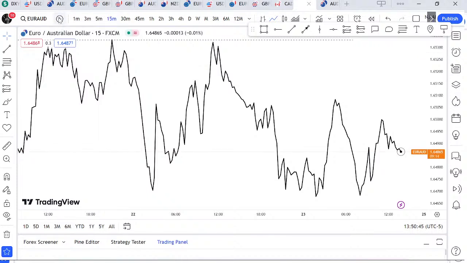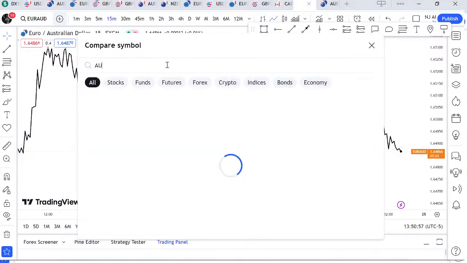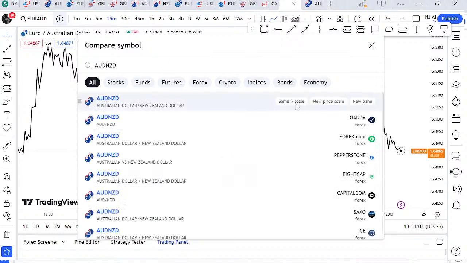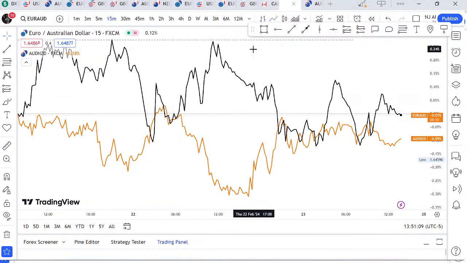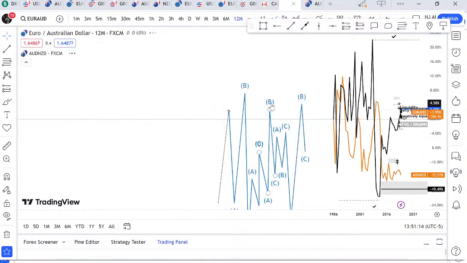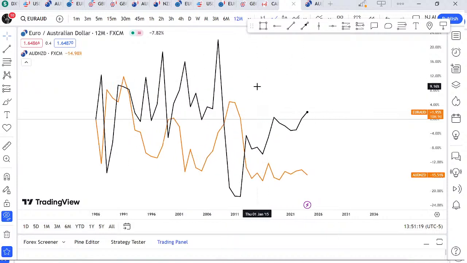We are going to come to this page and click the plus symbol, compare or add symbol, and type AUD NZD, same percentage scale. So let's look at this page.